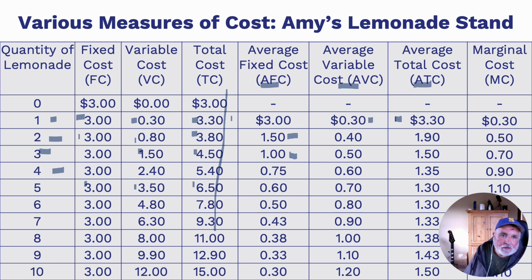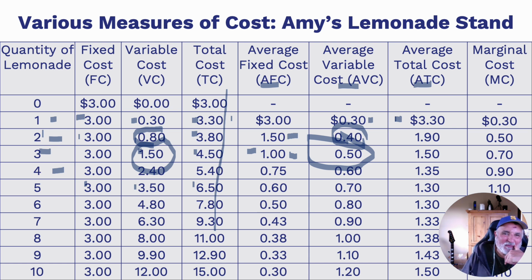Then the next day, your variable cost is 80, so you divide it by 2 units of output and you get 40 cents. Next day, I already said this one, but it's $3 divided by 3, so your average fixed cost is $1. Then your variable cost is now $1.50, and so your average variable cost is $1.50 divided by 3, which equals 50, and so on.